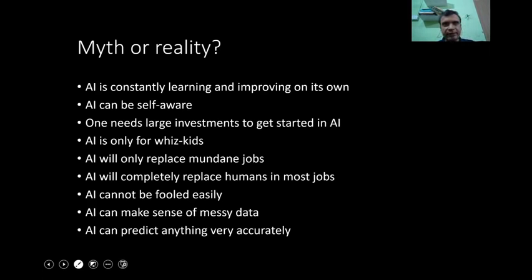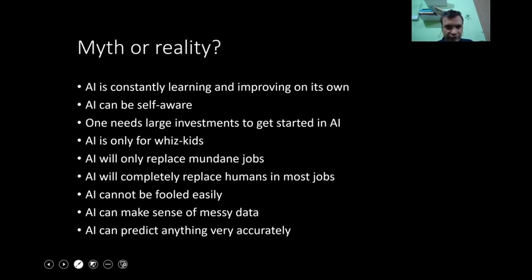You take data, you take labels, you train the AI, and then the engineer comes back in another month or another day or another year, collects more data, and sees for the past data what kind of errors were being made, and based on that changes the model and retrains it, and plugs in the version 2 of the model. So it's a very manual process. A lot of it is being automated slowly, but the AI is not constantly learning and improving on its own.